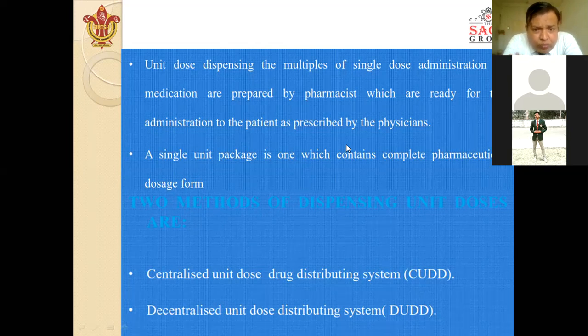There are two methods of dispensing of unit dose. First is CUDD, that is called Centralized Unit Dose Drug Distribution System, and another is DUDD, that is Decentralized Unit Dose Distribution System.